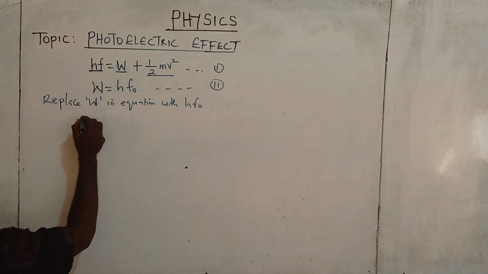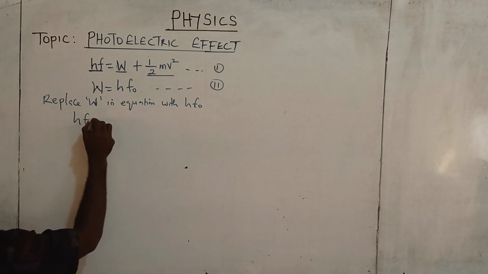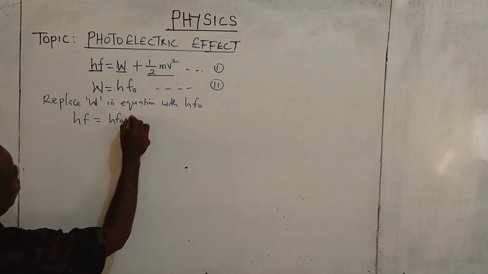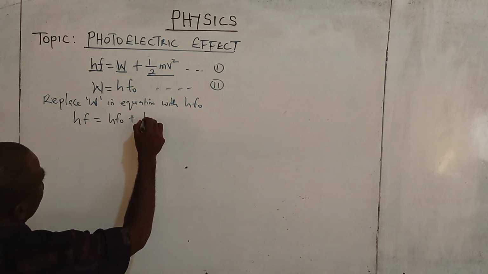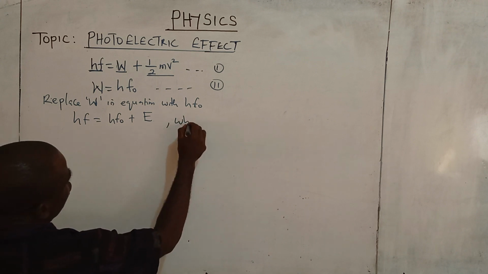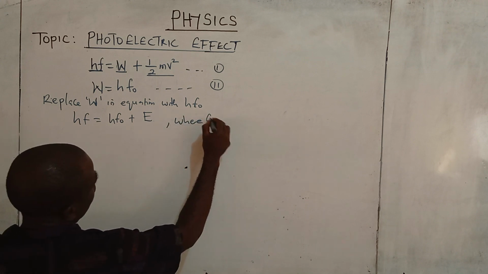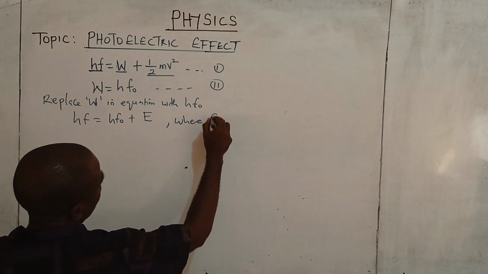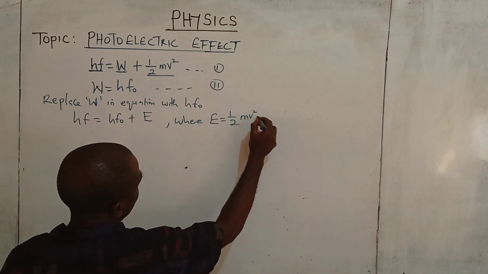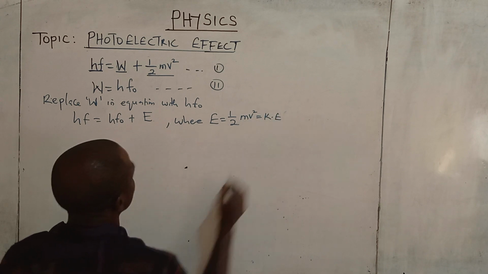Now write hf equals hf naught plus E, where E equals half mv squared, which equals the kinetic energy.